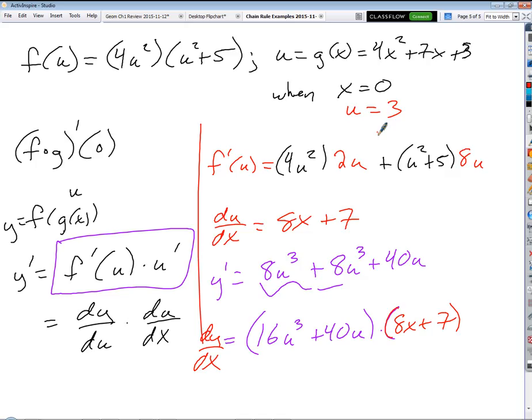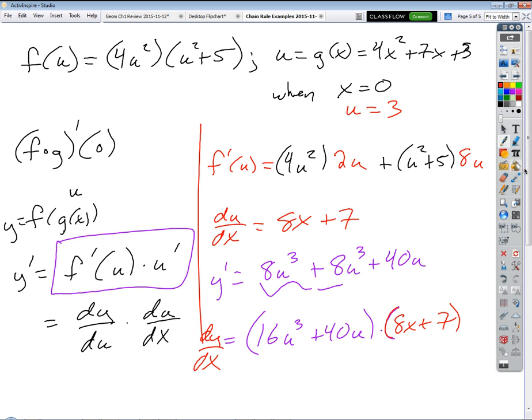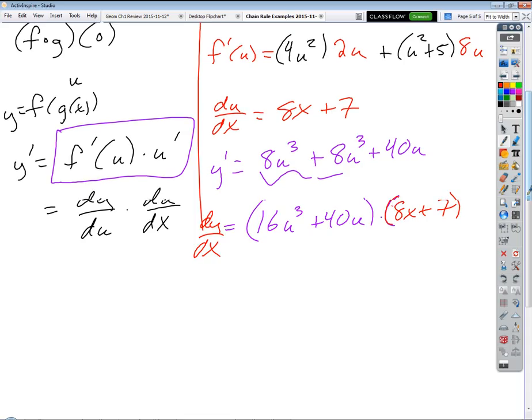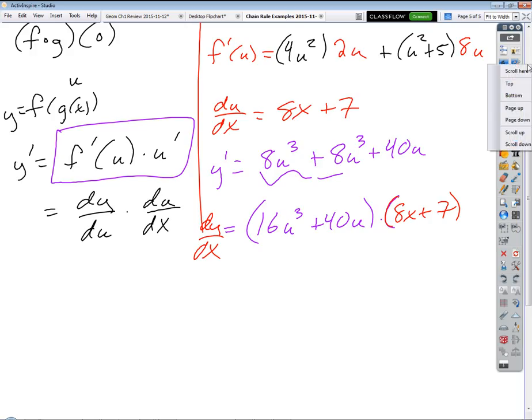Yeah. So we could have gone clear back here and just said, okay, well, we get 16 times 3 cubed plus 40 times 3 times 7, right? And that's going to be my numerical answer. Agree? Why is u prime 7? Because when x is 0, doesn't that become 7? Yes, it does. Okay, make sense?